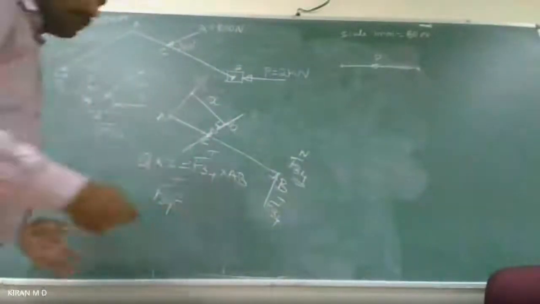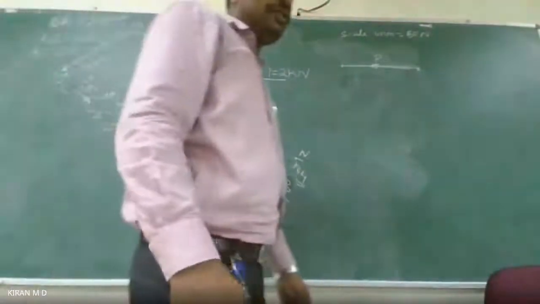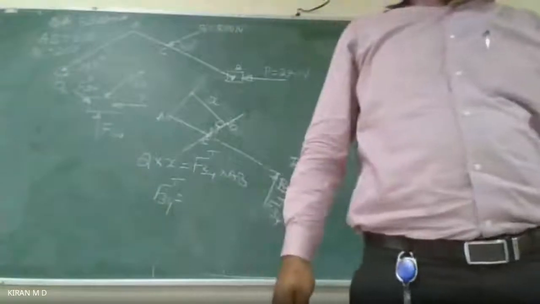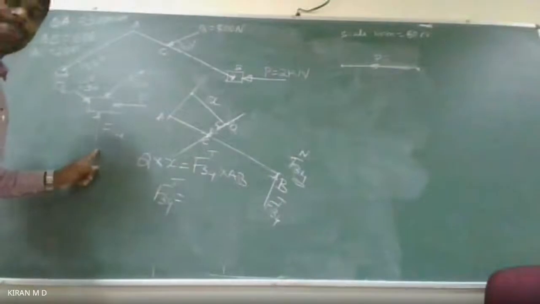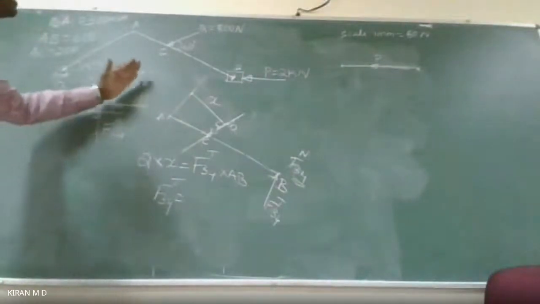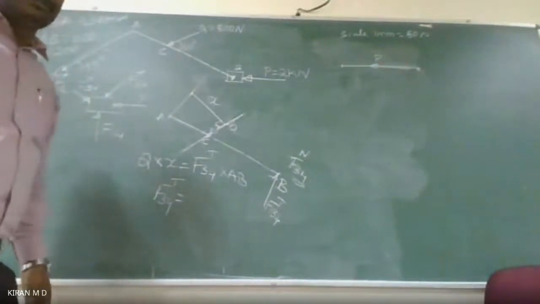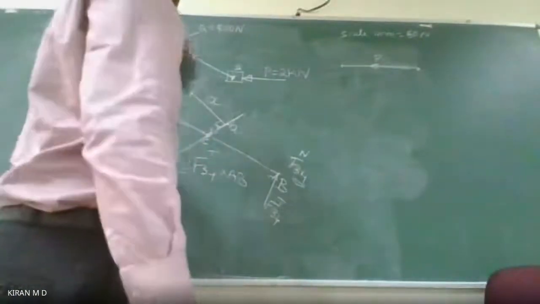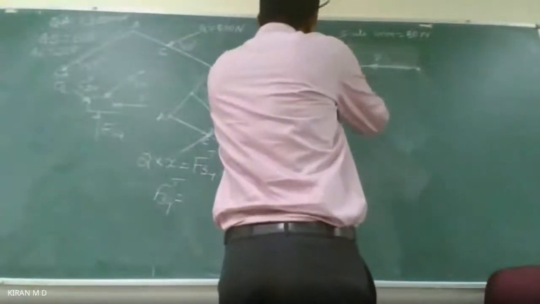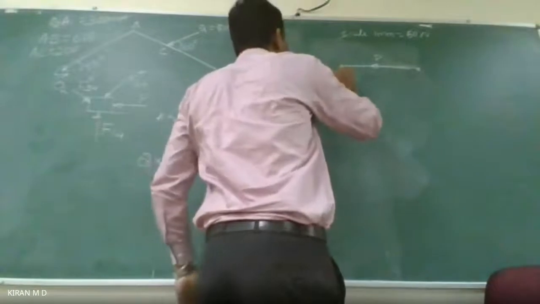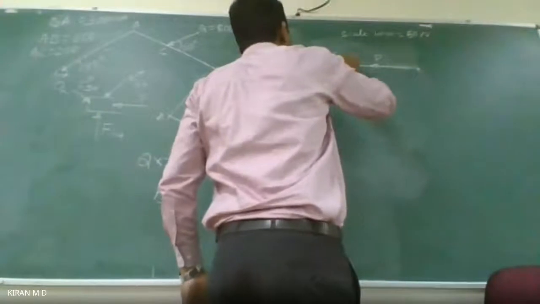Any other directions that you know? You know this vertical and you know the tangential force on the connecting rod. The tangential force on the connecting rod is perpendicular to the connecting rod line. So you draw this, this is F34.